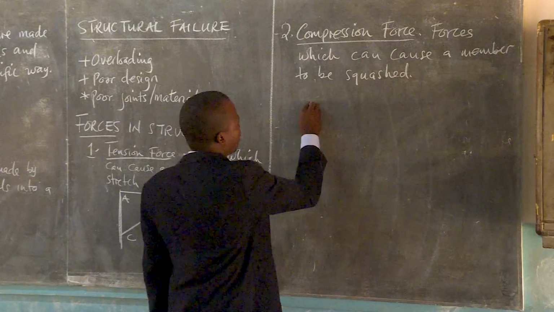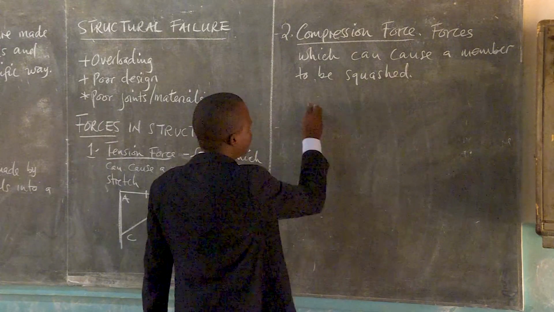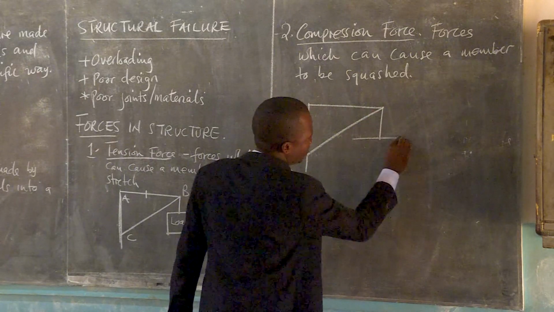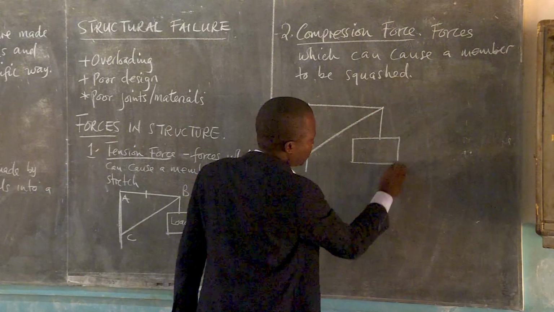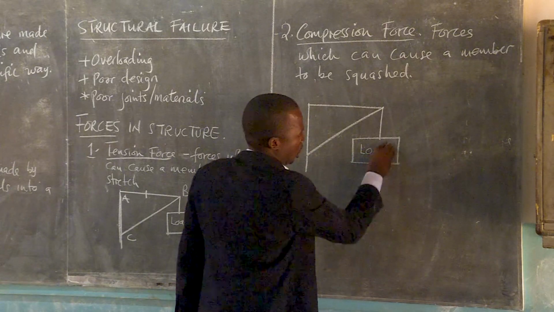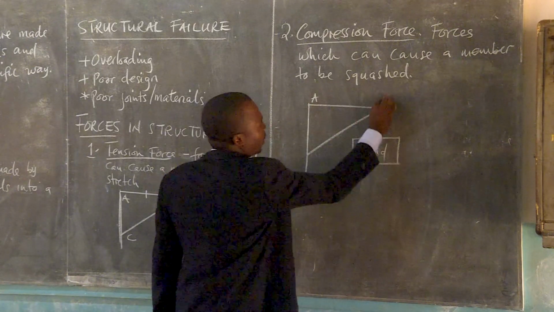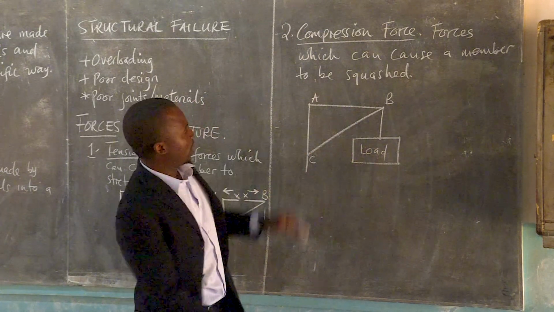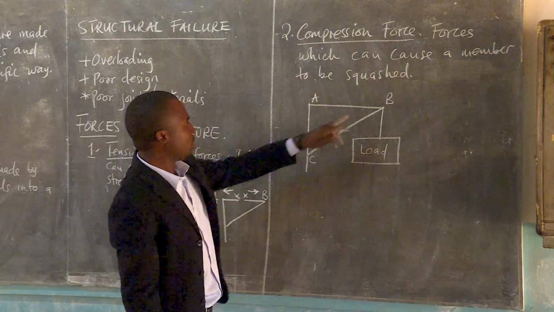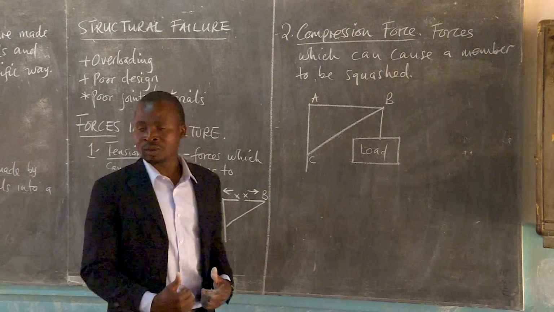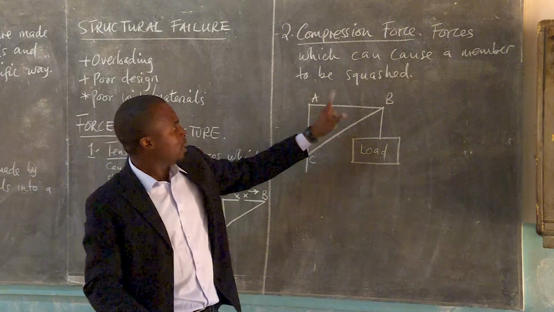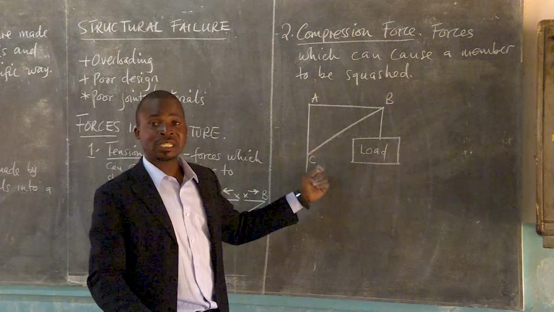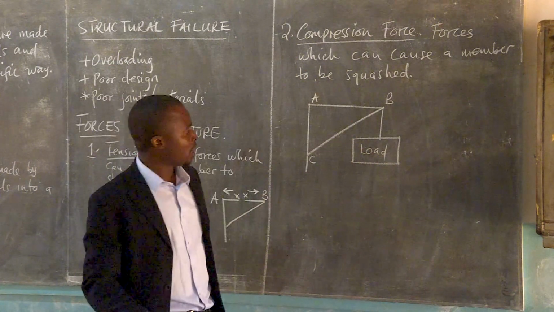I'll use the same example that I had used. This is your billboard, which is a load. Then you have A, B, and C. AB is a structure on its own, and BC is also a structure on its own. AB is undergoing tension forces, while BC is undergoing compression forces.